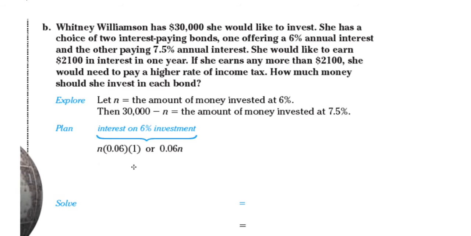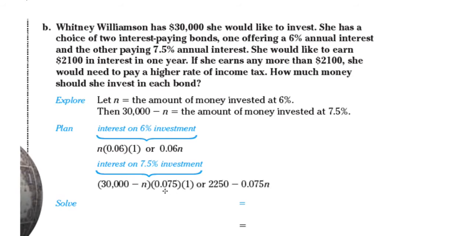And the interest on the investment at 7.5% would be 30,000 minus N times 0.075 for 1 year, which gives us an expression of 2,250 minus 0.075N.